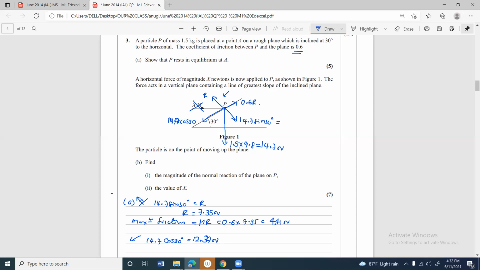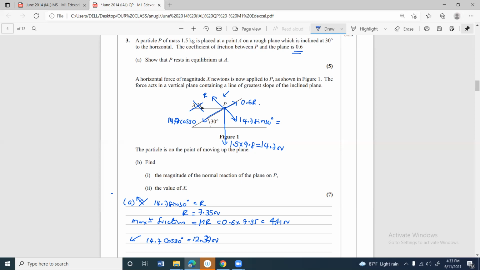The particle of mass, the coefficient of friction between P and the plane is 0.6. Show that P rests in equilibrium at A. So there are no other forces acting on it. One second, have we made any mistake over here?